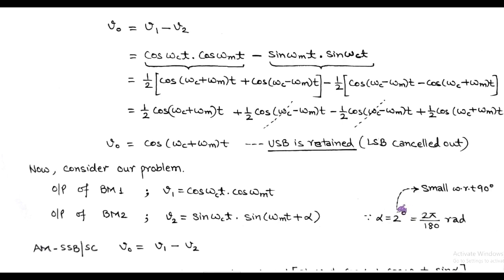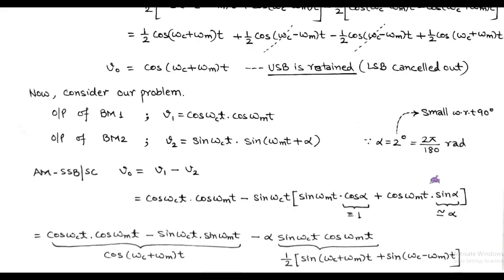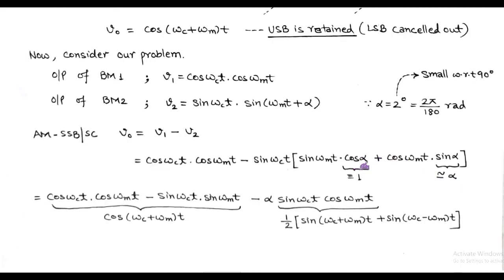And here the deviation is 2 degree, which is very small with respect to 90 degree. So this value of alpha can be approximated, and the output V0 equals V1 minus V2. In place of V1, we can write cos omega Ct into cos omega Mt, and in place of V2, we can write sin omega Ct into sin of (omega Mt plus alpha).